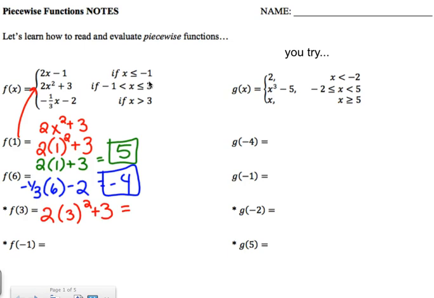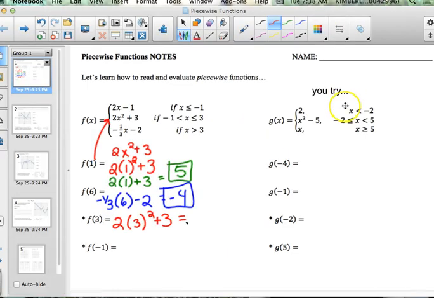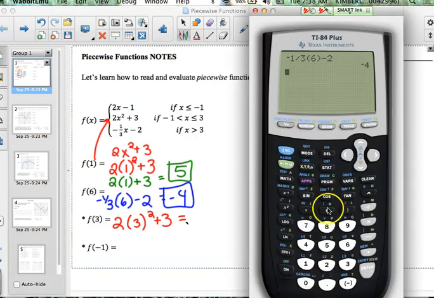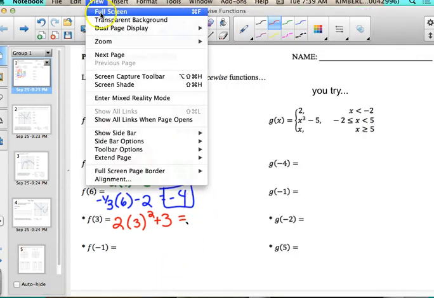I'm going to show you how to type that in, just in case you forgot. But of course you could do it in your head. So you would have 2 parentheses 3, and then if you want to use the squared term, it's right here, or you could raise it to the second power with that button, and then add a 3, and you should get 21. Okay?